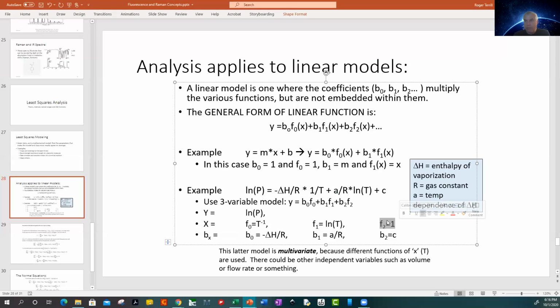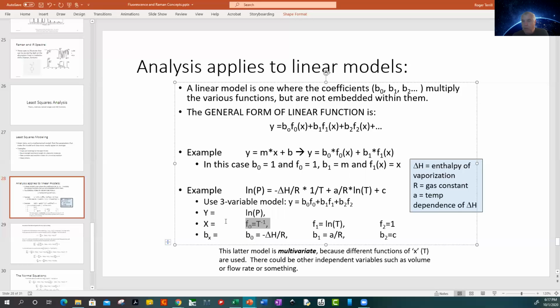So F2 is going to be, well, if my model is log P is minus delta H over R times 1 over T plus A over R times the log of T plus a constant, right? Then the constant C is simply the number 1. F1 is the log of T, and F0 is T to the minus 1. Hopefully that makes sense.